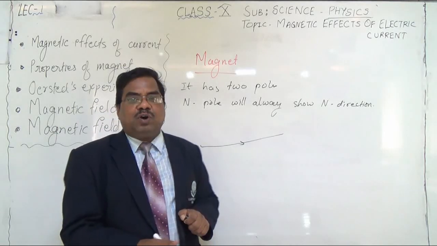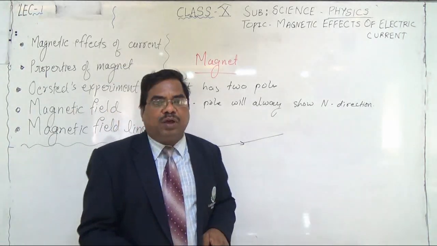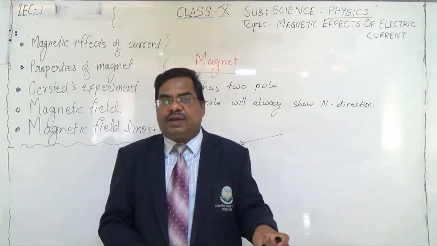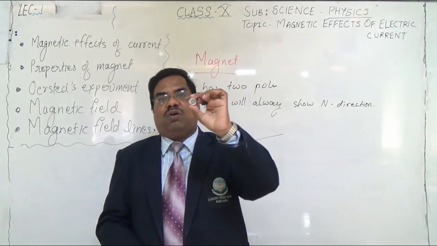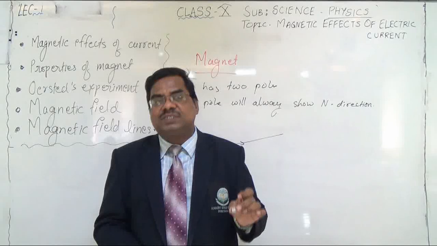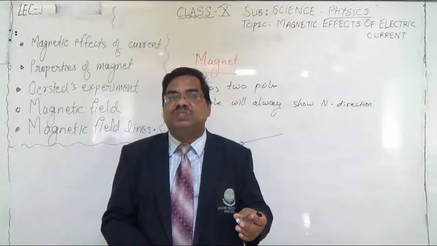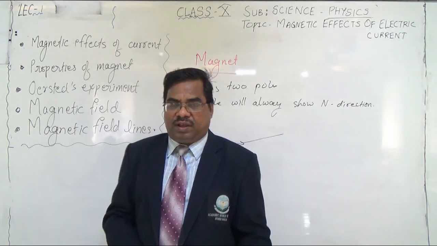The deflection was noticed by Ørsted, and he came to the conclusion that whenever the wires carry current, they deflect the direction of this needle. That means a new magnetic field is produced as a result of the electric current flowing in the wire.